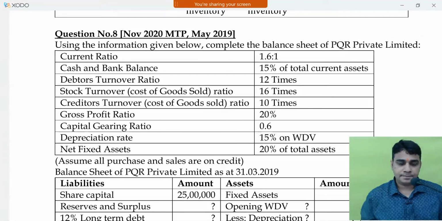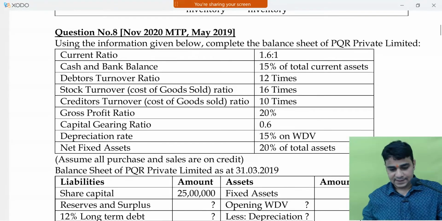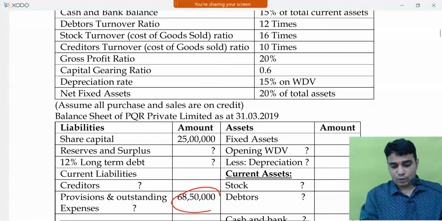Try doing it. It'll come with practice. That's where I want you to attempt it. That 68 lakh 50 is the total of current liabilities.